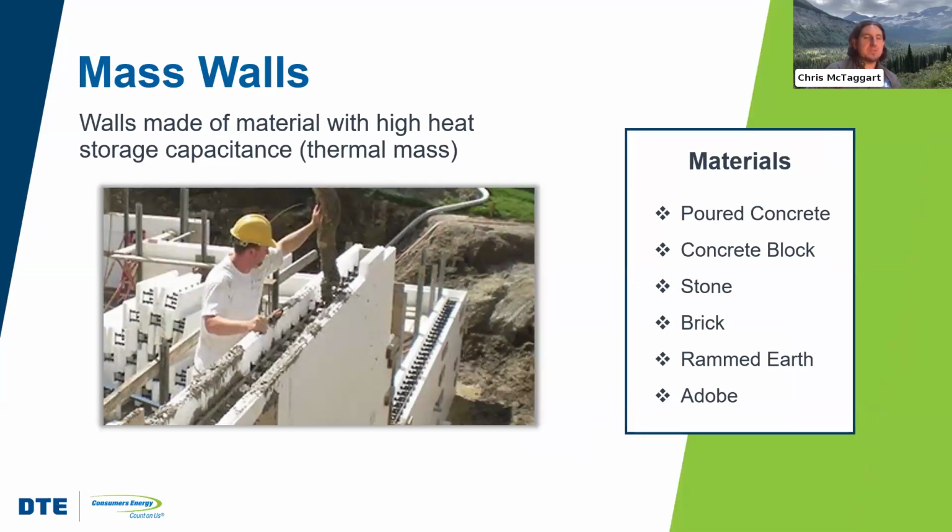Mass walls are less popular here in Michigan, but not unheard of. Generally speaking, for mass walls in Michigan, we're looking at ICF construction. The value of ICF is maybe you have a little bit less R value, but you have more thermal mass capacitance. And that's a whole other world of building physics.